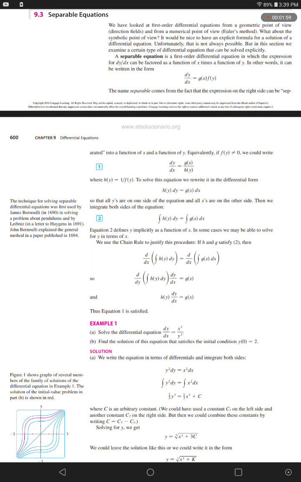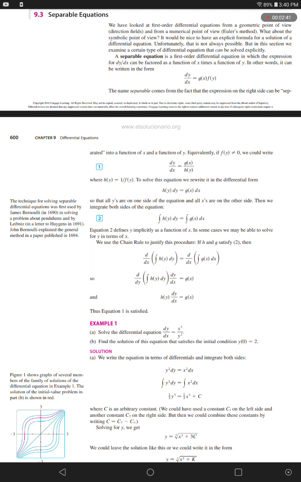To solve this equation, we rewrite it in the differential form, h(y) dy = g(x) dx, so that all y's are on one side of the equation and all x's are on the other side. Then we integrate both sides of the equation. Equation 2: the integral of h(y) dy equals the integral of g(x) dx.